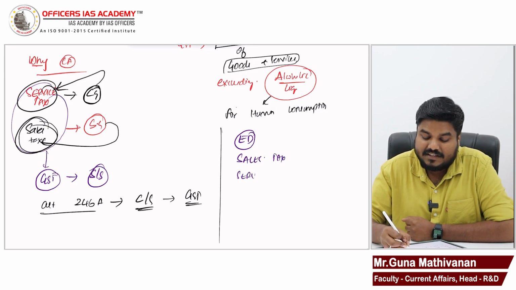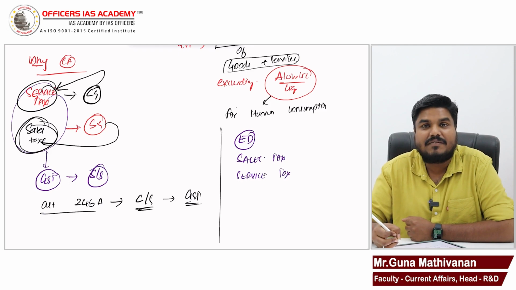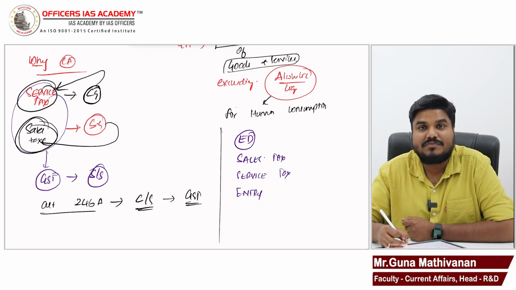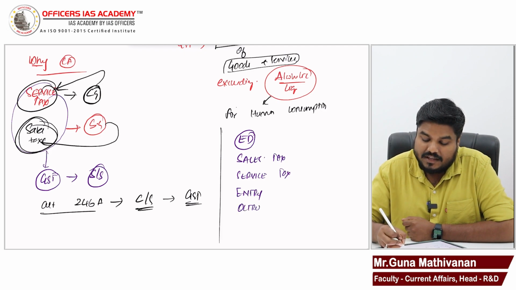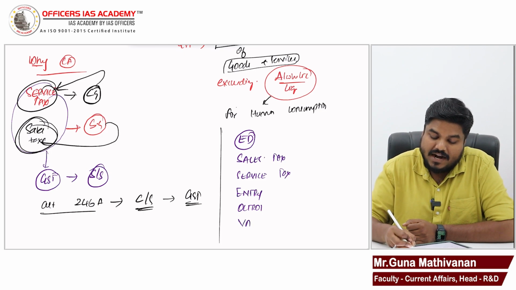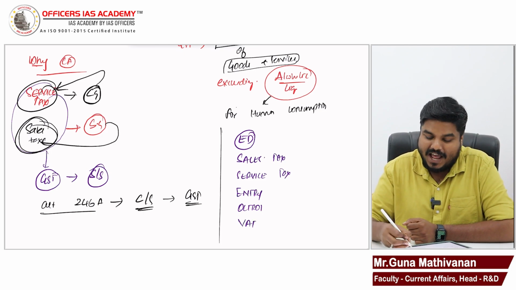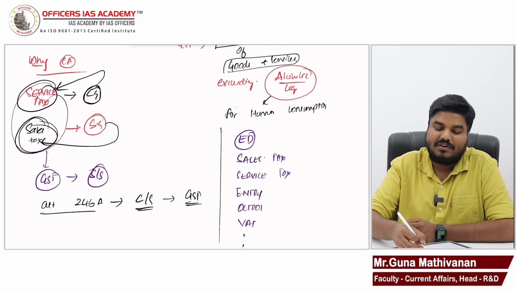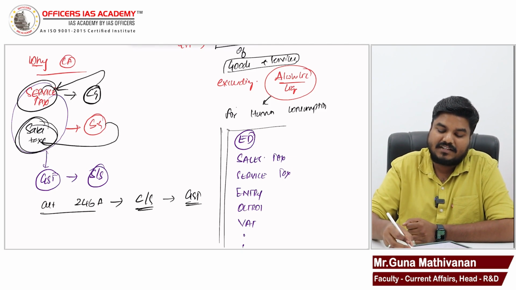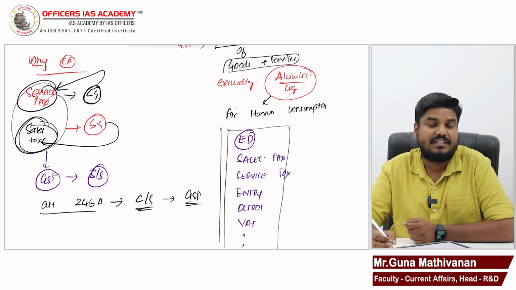Service tax got subsumed. Entry tax got subsumed. Octroi tax got subsumed. Value added tax got subsumed, and so many other taxes also got subsumed. So most of the indirect taxes got subsumed under GST.